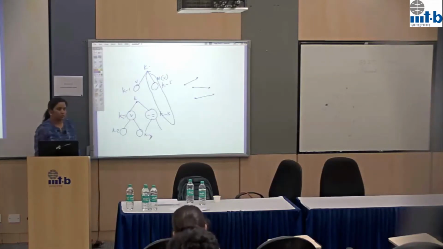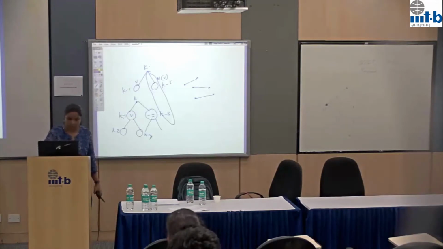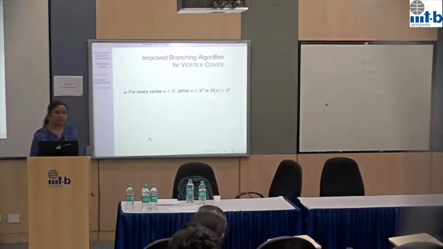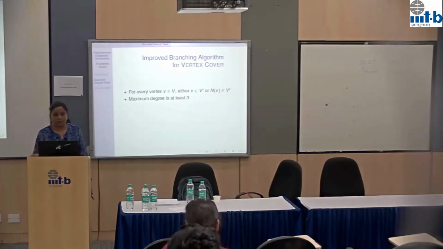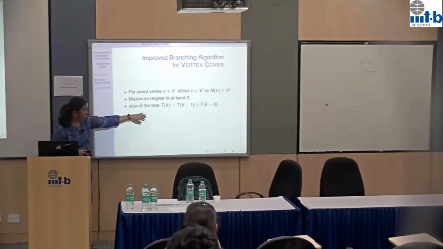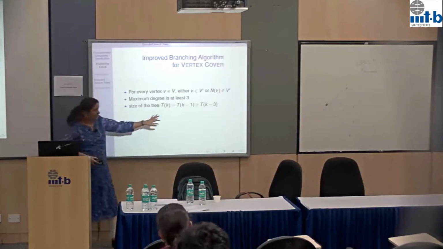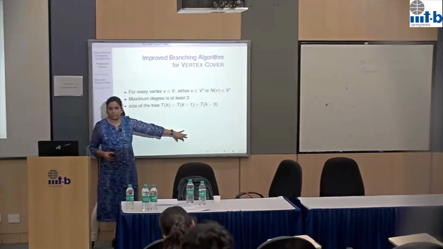So what can you say about the size of the tree? You have assumed that the maximum degree is at least 3, and in such a case the size of the tree is given by this recurrence: T of K is T of K minus 1 on one side, and on the other side the budget is at most K minus 3.